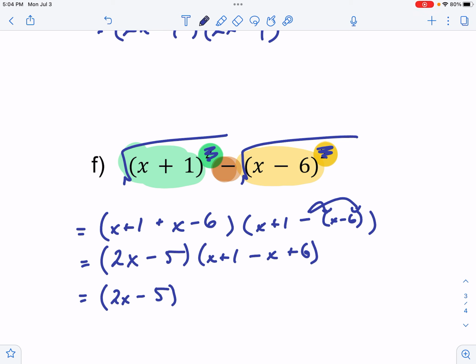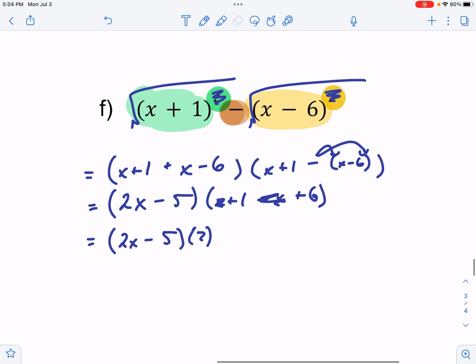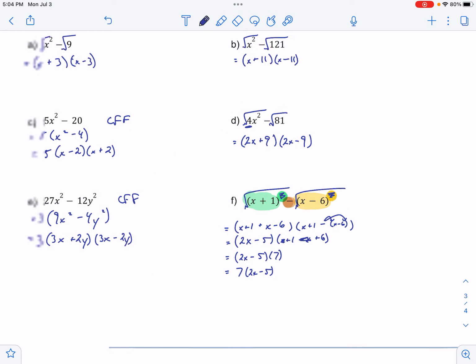Leaving me with, my x's will cancel out, and that's just 7. And so the simplest form of this super complex trinomial we started with is actually just 7 times 2x minus 5. Funny how things land.